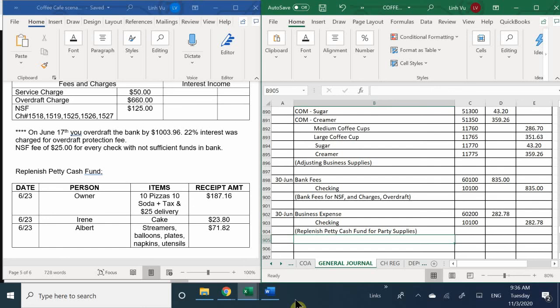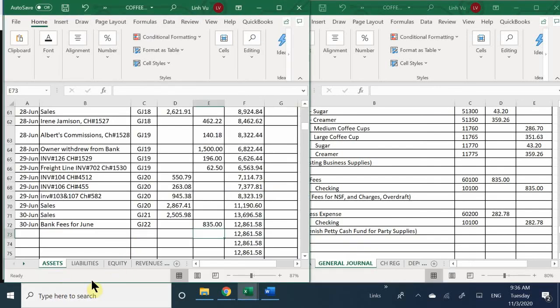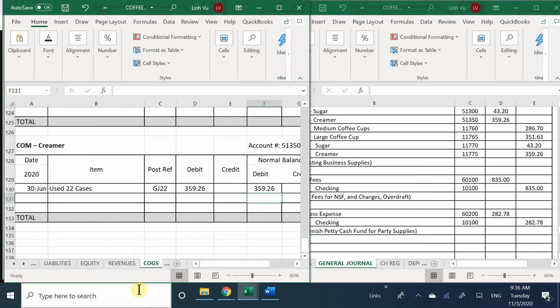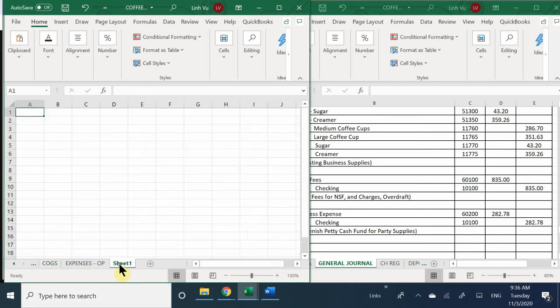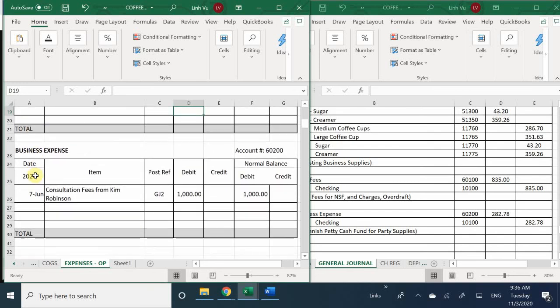The ledger. Yes. Okay, so here we are. We need to go to our operating, and we're going to go to business expense, which is right here. Party supplies for grand opening.